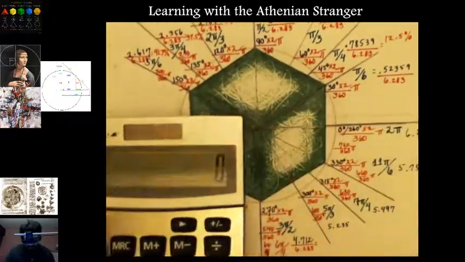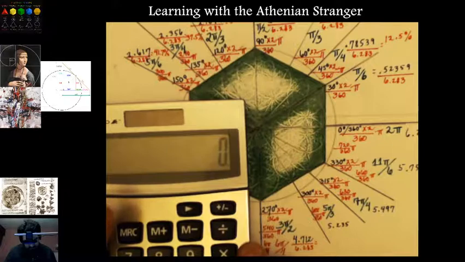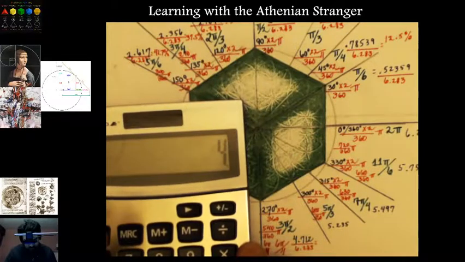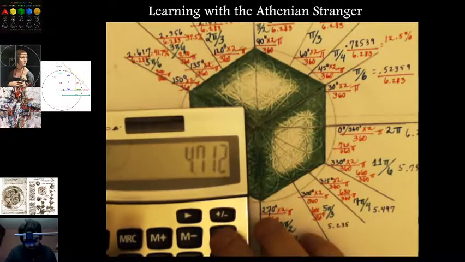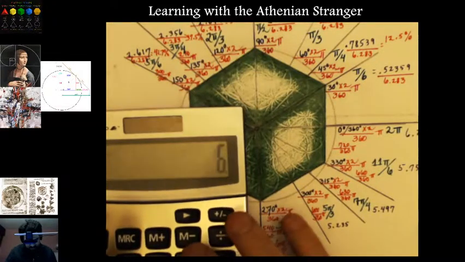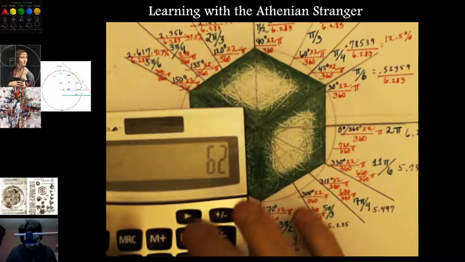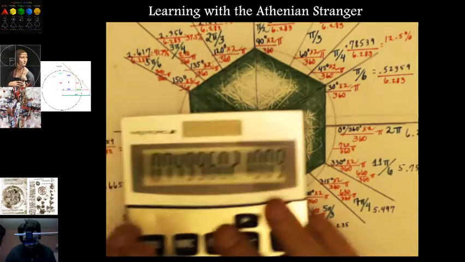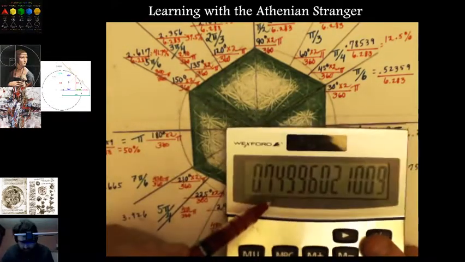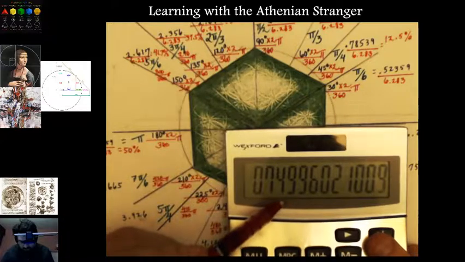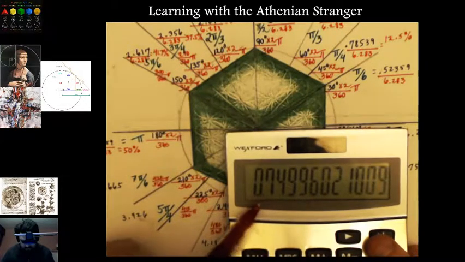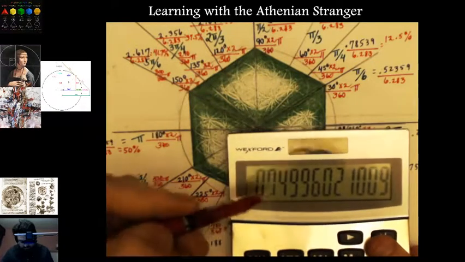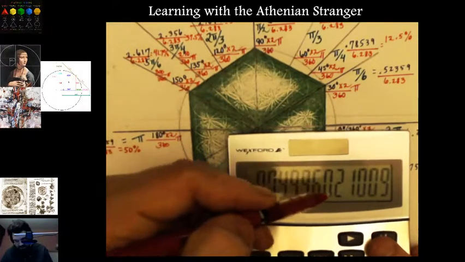Let's do the math. 4.712 divided by 6.283. Again, our approximation of pi gives us to within a 10,000th 75%, just 74.996.